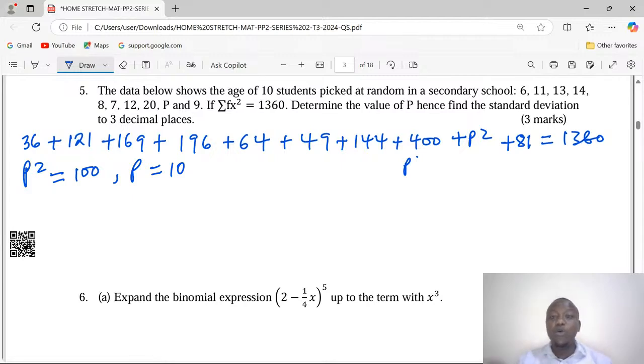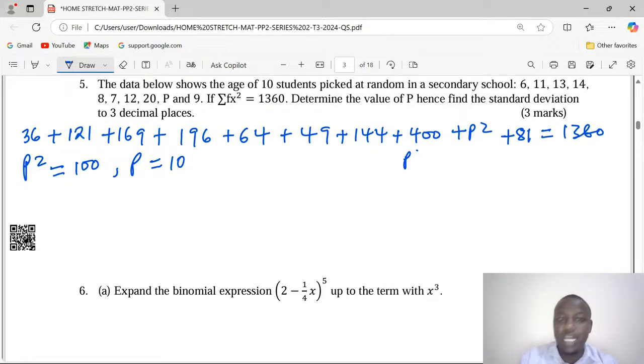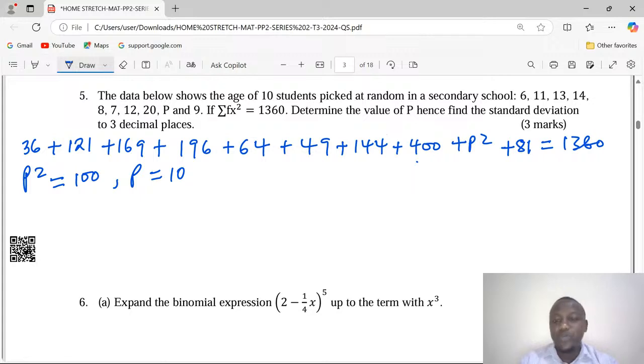Now that we have all the ages, we can determine the standard deviation. To determine standard deviation, there are several approaches. The first approach, we can take all deviations, which are given by each value and how it has deviated from the mean.